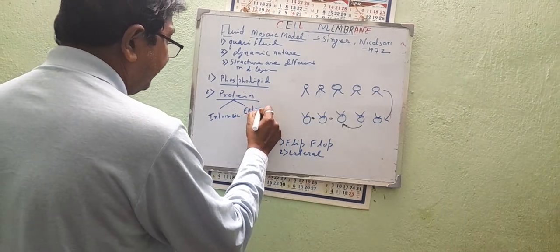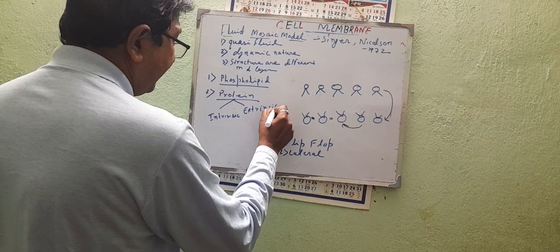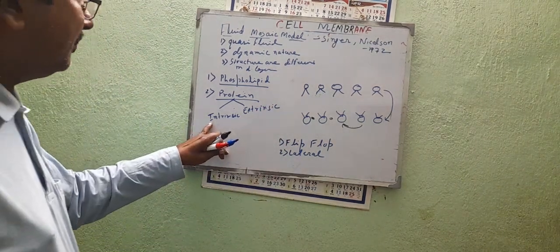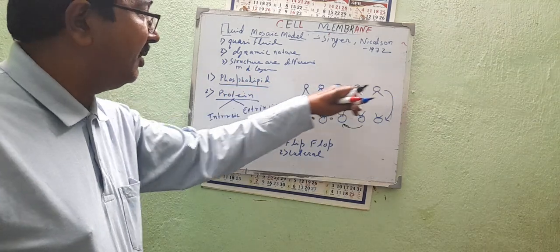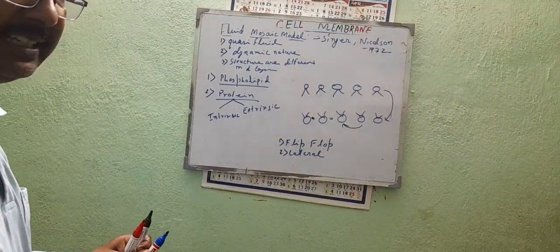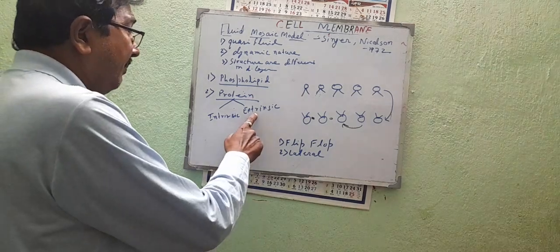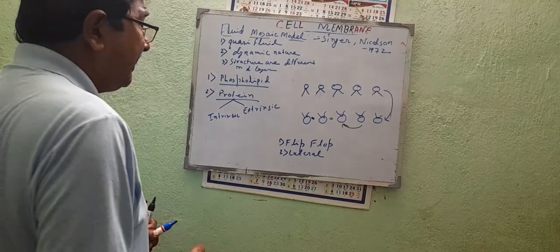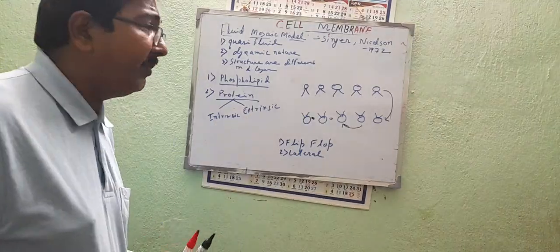Another is extrinsic protein. Intrinsic proteins are attached with the lipid and we cannot separate them easily, and those proteins that are present outside and can easily be separated from the lipid are called extrinsic proteins.